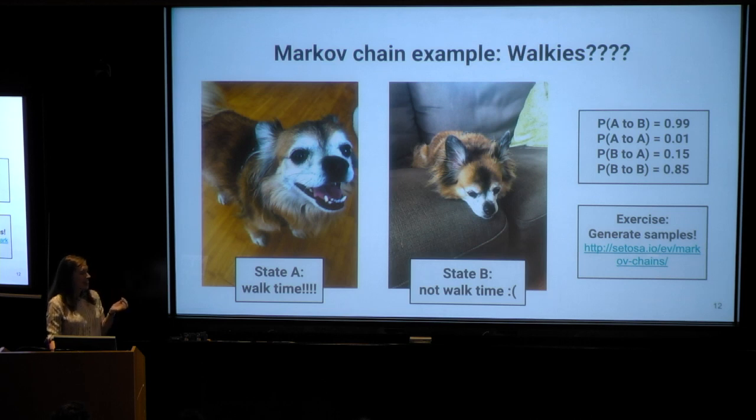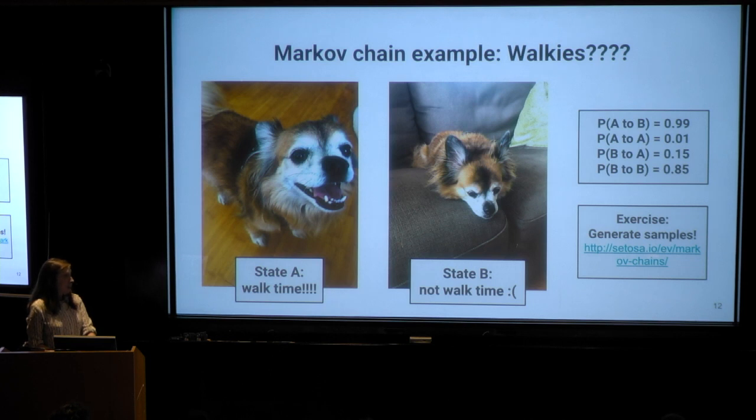So let's say that Oscar measures whether or not he is on a walk, if he's in state A of happy walk time or state B of sulking because it's not walk time, about once an hour or so. So Oscar has measured this in his tiny little brain, and he has decided the following probabilities. If we're on a walk now, then probably we unfortunately won't be on a walk right after this.